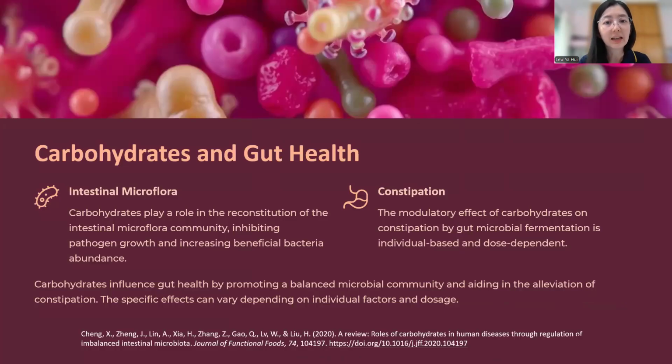So coming to gut health, carbohydrate is very important. It can not only help with obesity, it also helps to improve the balance of bacteria in our gut, our GI system. They support the growth of good bacteria and help to reduce the harmful ones.